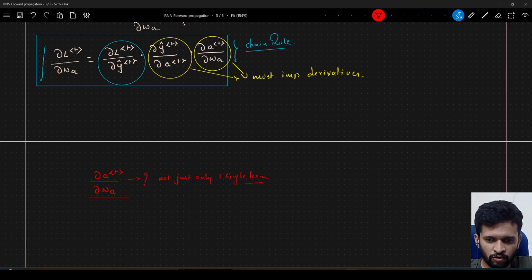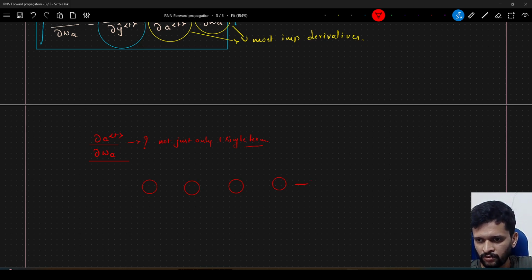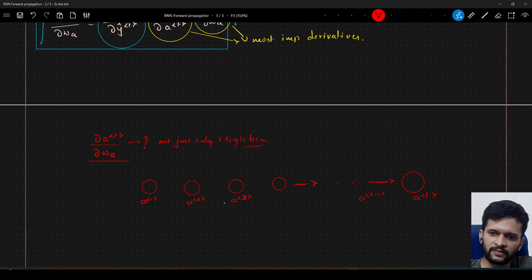Okay, so in order to explain that, let me tell you some information on the time steps and activations. Let's say we have multiple time steps unfolded into this structure. Let's call this A1, this A2, this A3, and like this we will have At minus 1 and finally we have At. These are all connected together and governed by WA, the weights associated with our activations, correct?